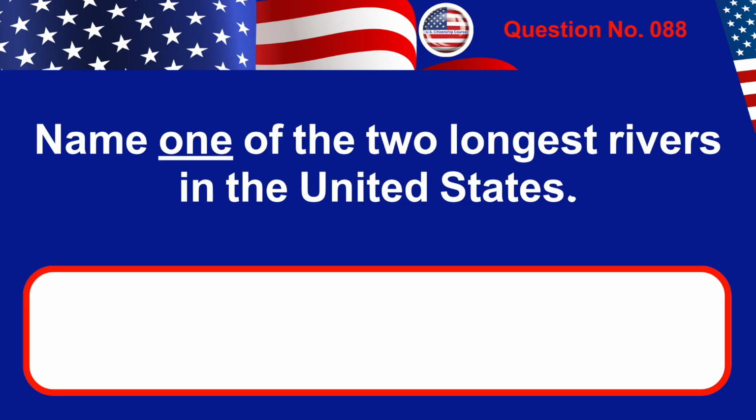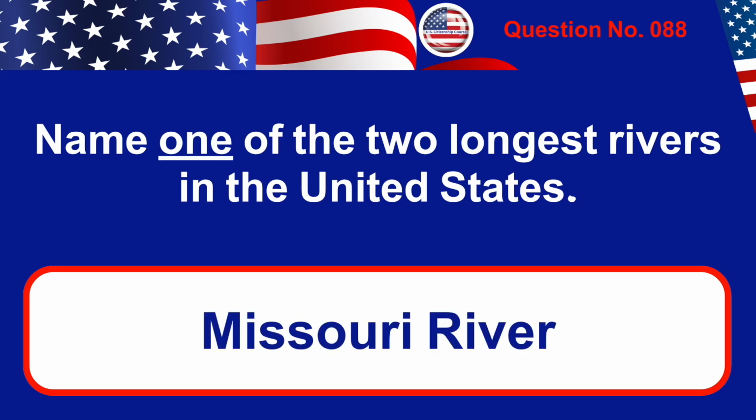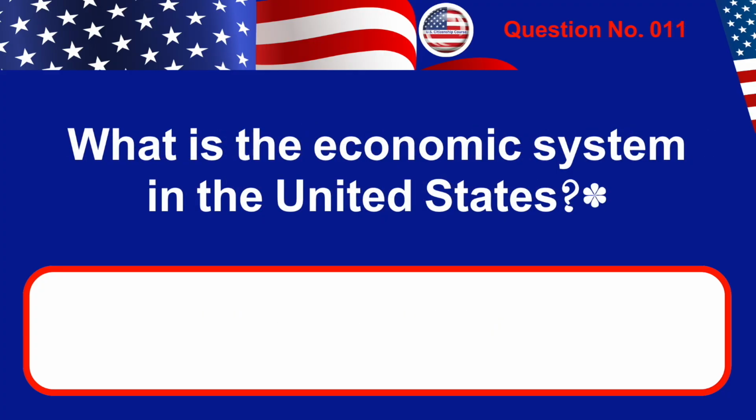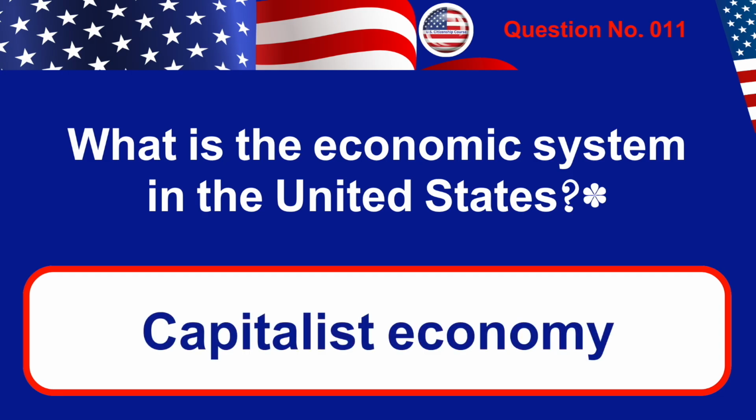Name one of the two longest rivers in the United States. Missouri River. What is the economic system in the United States? Capitalist economy.